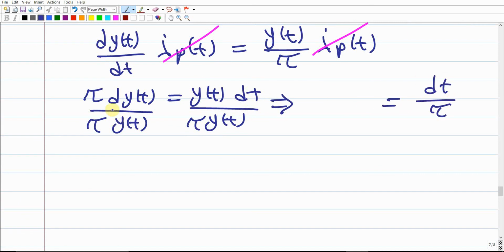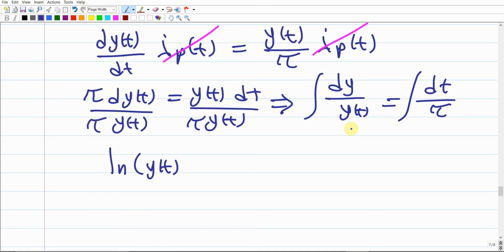On the left-hand side, the tau is cancelled, leaving dy by y of t, right? If we integrate both sides, we end up with ln, the natural logarithm, of y of t, because this is 1 over y, equals this integration, which gives us t over tau. Make sense?